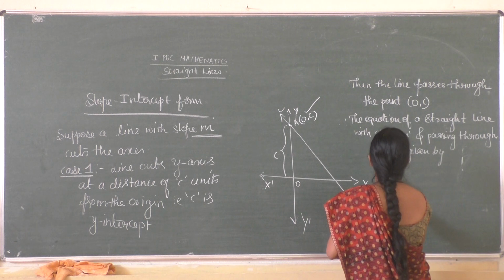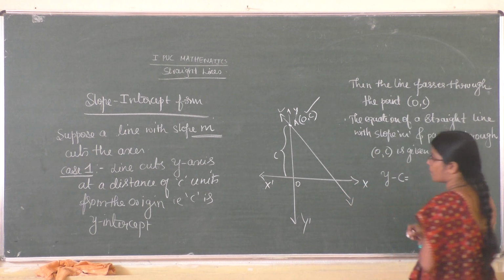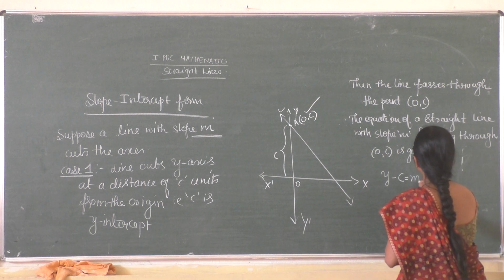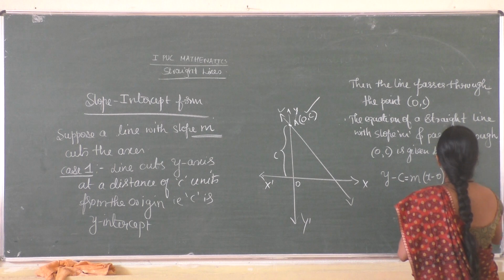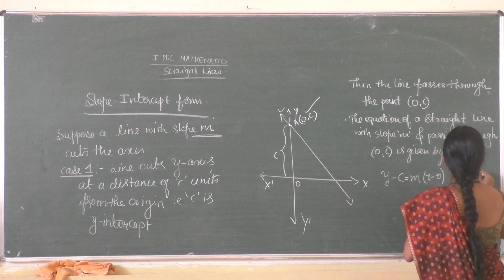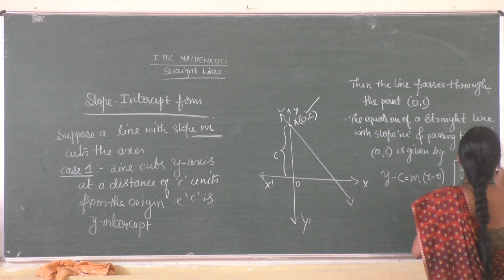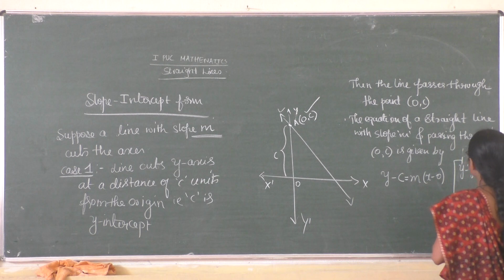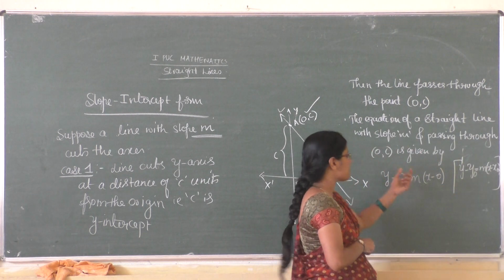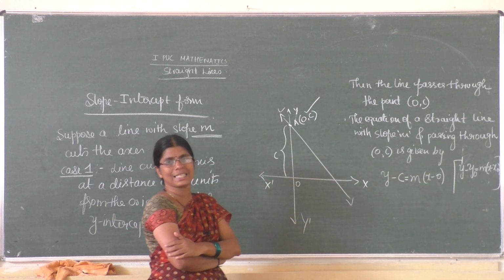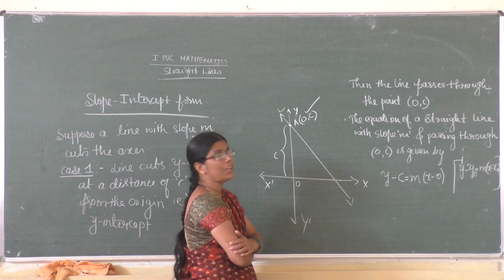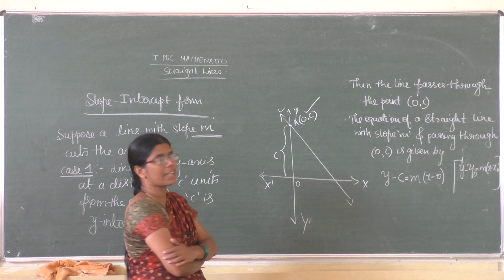You have to take y minus y naught, that is y minus c is equal to m into x minus 0. The formula is y minus y naught is equal to m into x minus x naught. Use this particular formula, and in the place of x naught you have to substitute 0, and in the place of y naught you have to substitute c, okay.